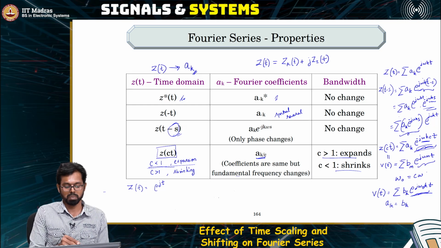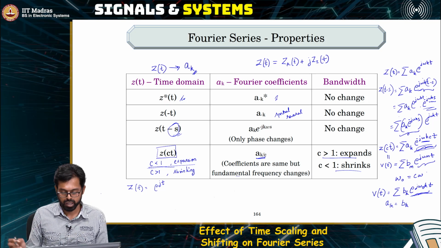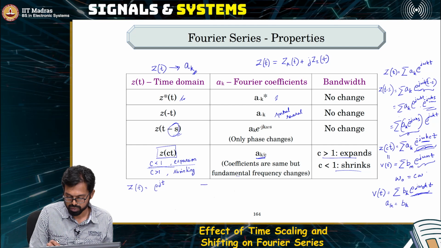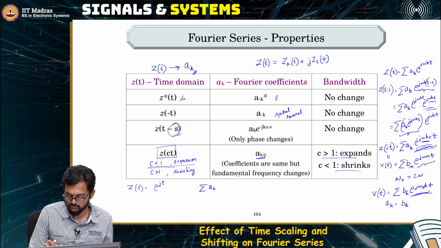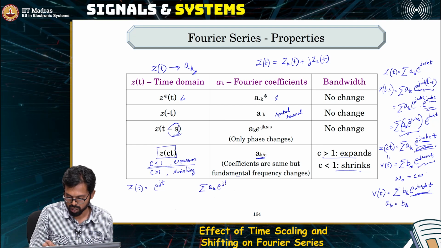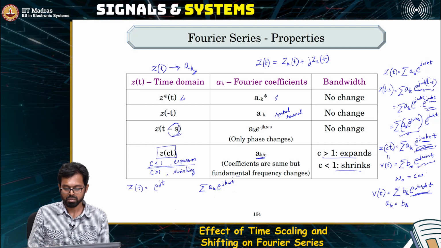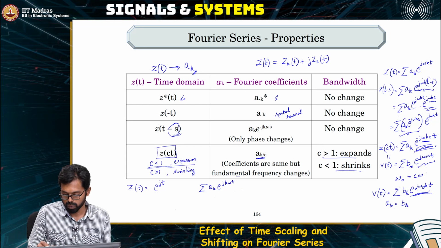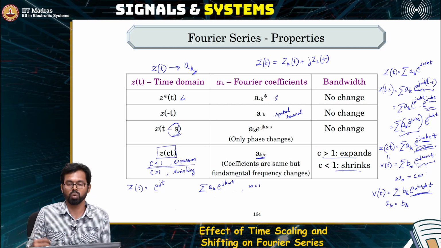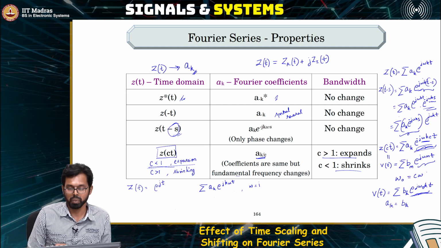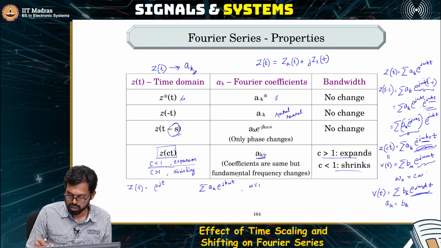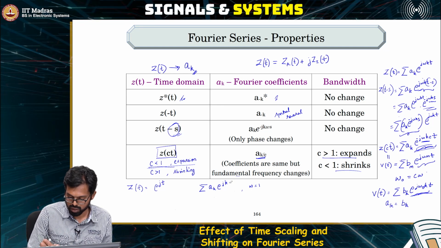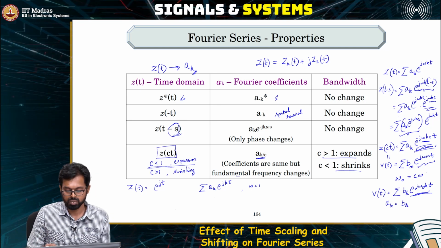Now if I am going to expand this in terms of my Fourier series coefficients, what are my Fourier series coefficients? a_k e^(jkωt). Now let us say my omega is 1. So my omega is 1, which means I substitute that here, I just get kt.